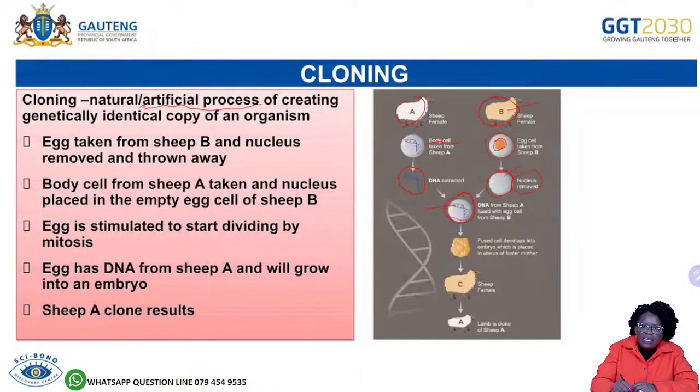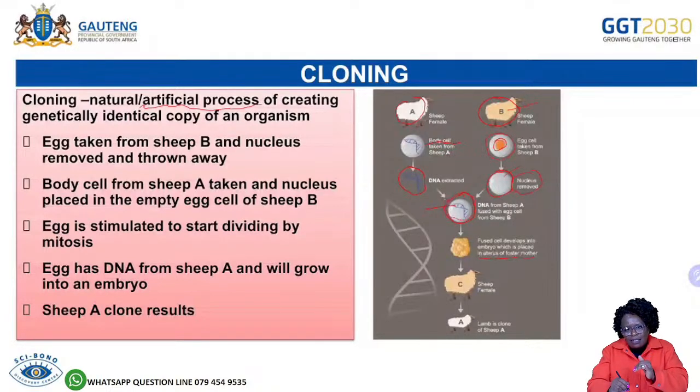And now there will be artificial manipulation. And what will happen? The fused cell develops into an embryo, which is now placed in the uterus of a foster mother. So in other words, now with biotechnology, the genetic material, which is the DNA from sheep A, is now inserted into the content of the cell without the nucleus from sheep B, and it's manipulated to start growing.